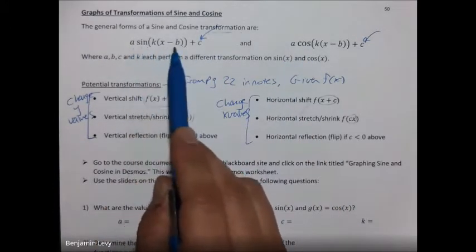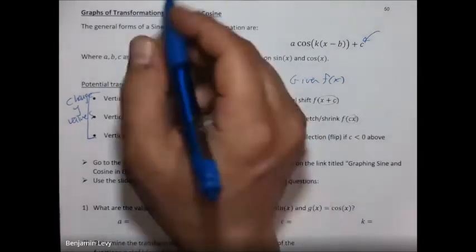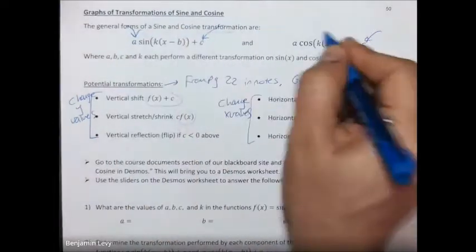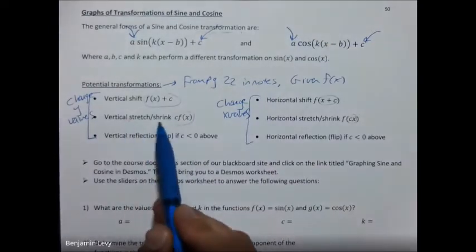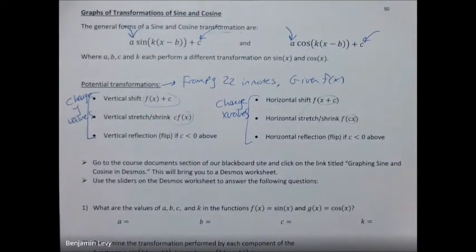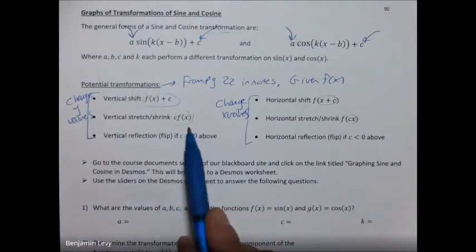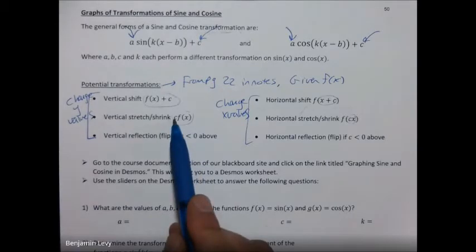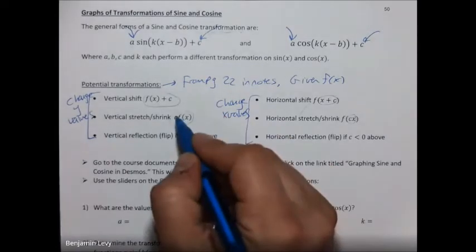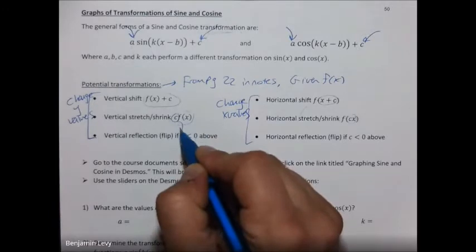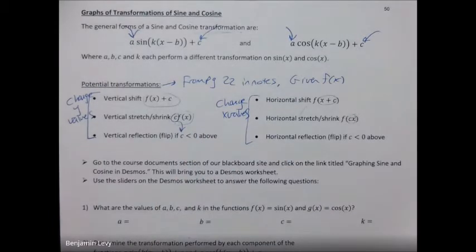Sine is the regular function, and we're multiplying it by a number. So the a here is the vertical stretch or shrink, depending on what it is. And we also learned that if this a right here is negative, it'll flip the graph vertically. So those are all the vertical transformations going on in this particular function.